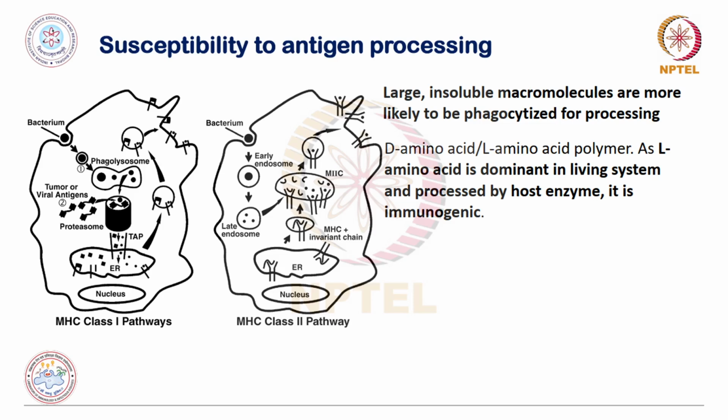Large insoluble macromolecules are more likely to be phagocytosed for processing. The nature of the antigen influences its processing and its presentation by the immune system. These antigens are presented by MHC. MHC has two classes, MHC class 1 and MHC class 2.